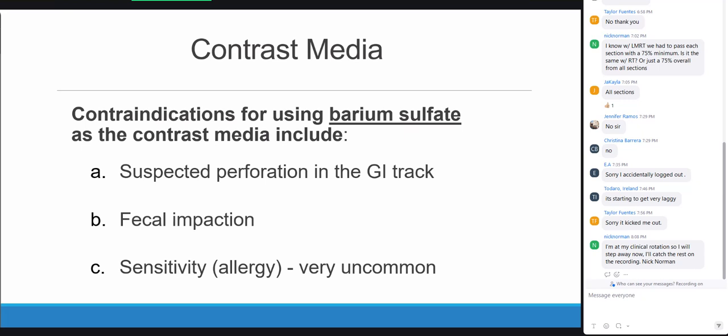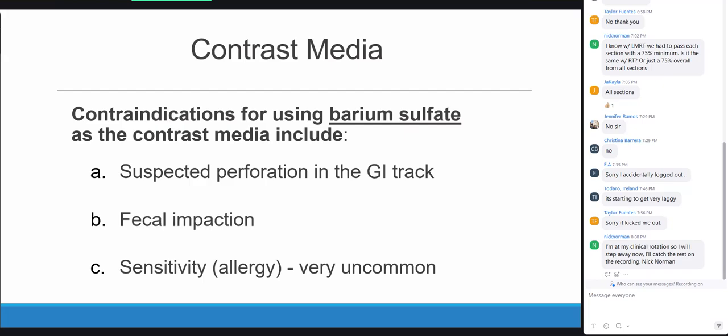As far as the sensitivity and the allergy, we used to mix up barium and have the students drink. I did when I was a student, drink the barium just to see what it tasted like. So we would have a little bit more empathy and understanding for patients going through upper GIs and barium swallows.